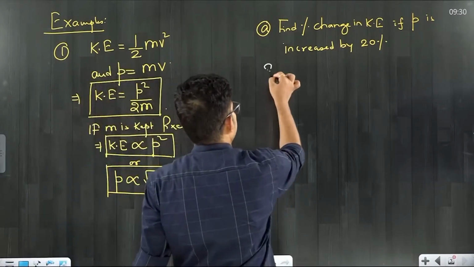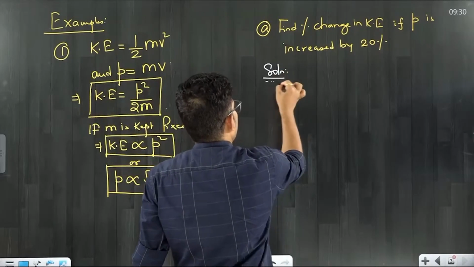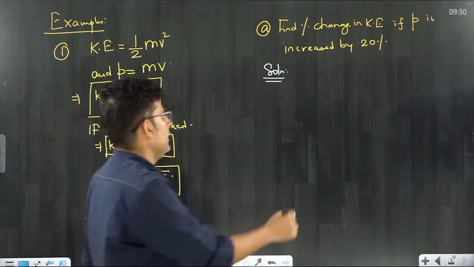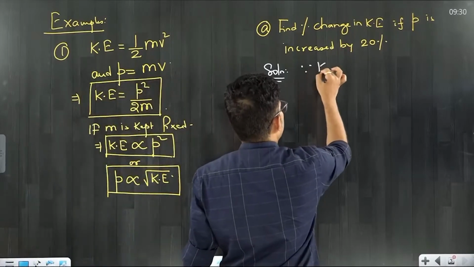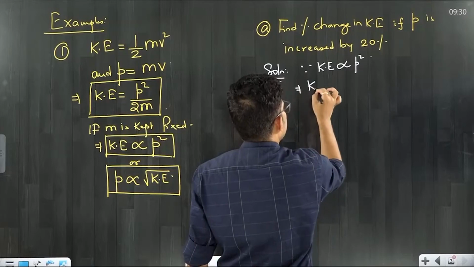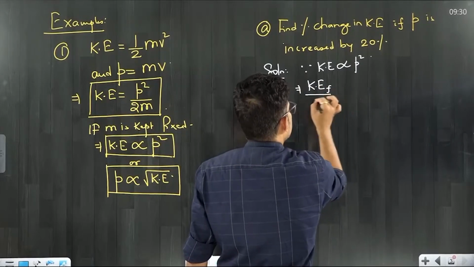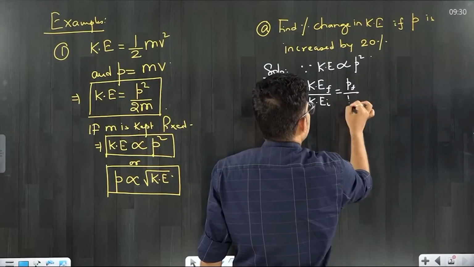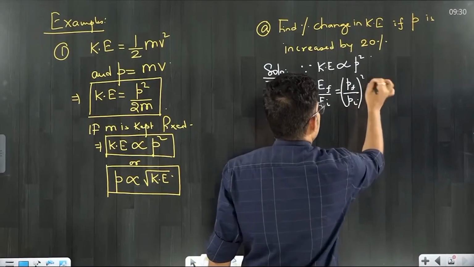See, we are seeing kinetic energy is proportional to p square. So we can say that KE is proportional to p square. That means, can I write final kinetic energy by initial kinetic energy is equal to p final by p initial whole square.